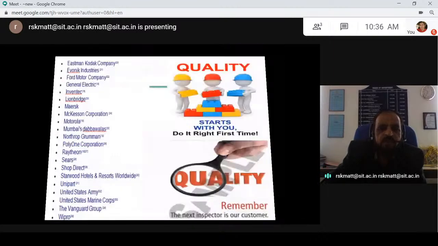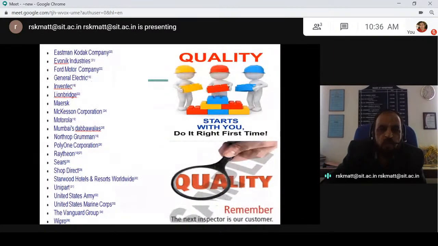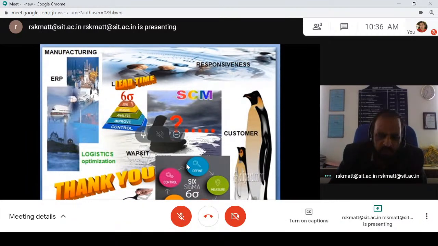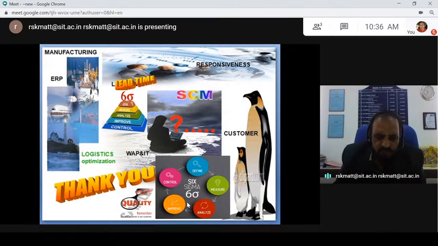Then this presentation will be shared with you by the coordinator of this workshop. With this, I have shared my little knowledge and experience on this cutting-edge, state-of-the-art technology. If you understand the basics of lean, Six Sigma, and supply chain, that is more than sufficient.